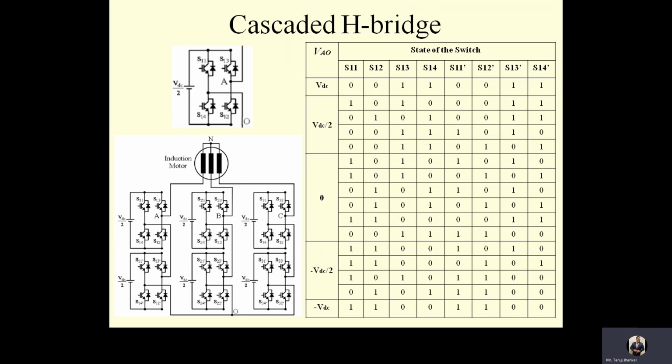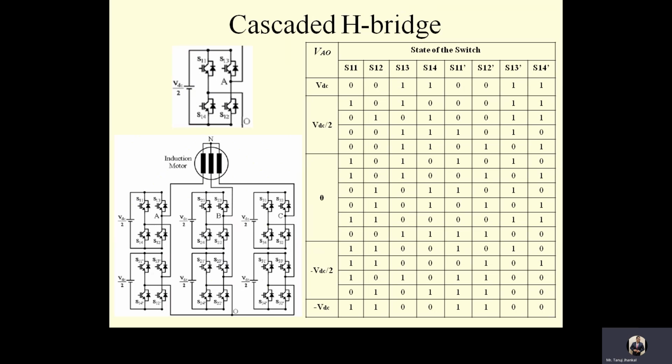Now if we talk about the 5-level configuration as shown on the screen, this is the configuration where two cells are attached, and the cell is shown here. These two cells will give a 5-level output to the induction motor.